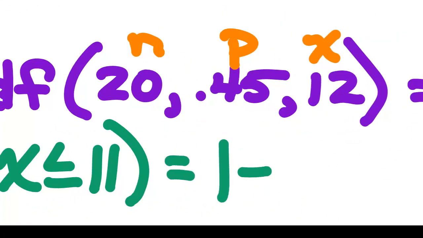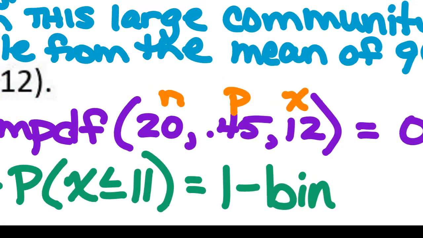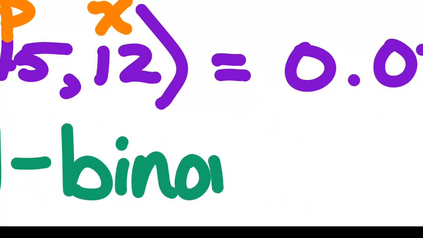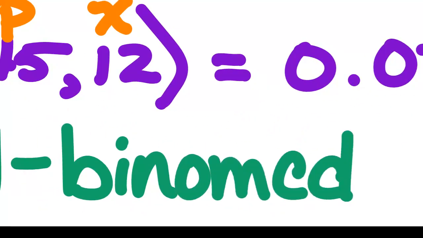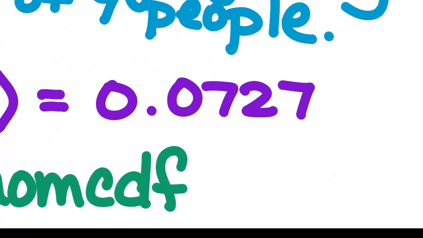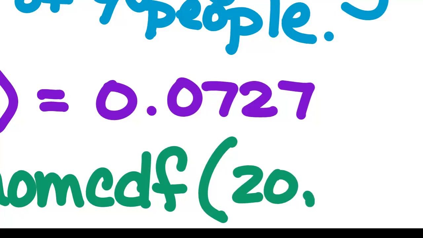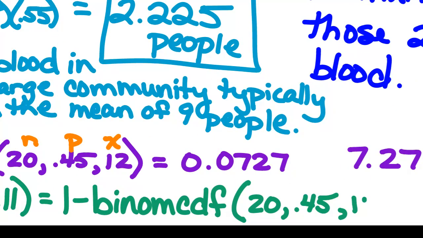So I'm going to do 1 minus binomCDF this time. And then we do NPX. So 20, 0.45. X is different this time. X is 11 because I want less than or equal to 11. NPX.